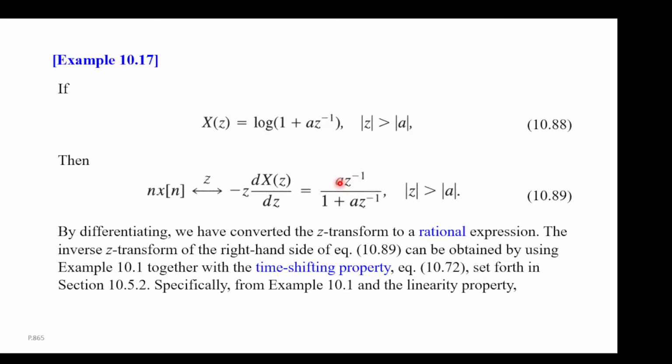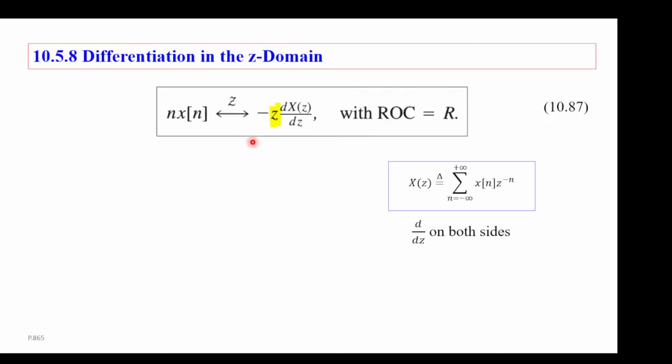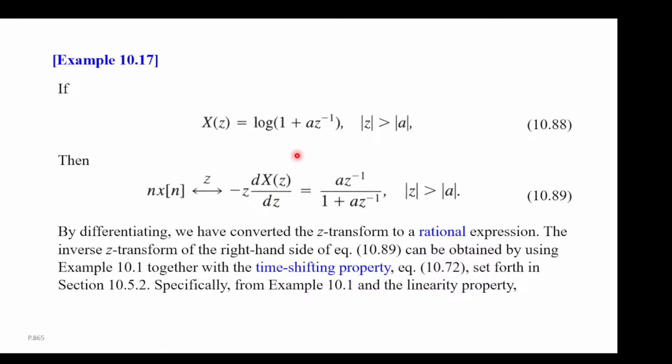You do differentiation, then it becomes a rational formula. If you count all the factors, this side, minus z times dX/dz, is a z to the minus 1 over 1 plus a z to the minus 1.